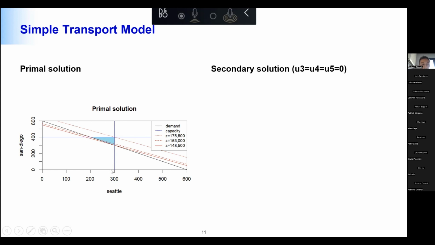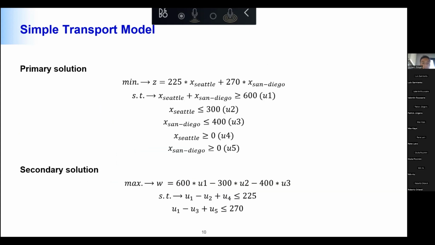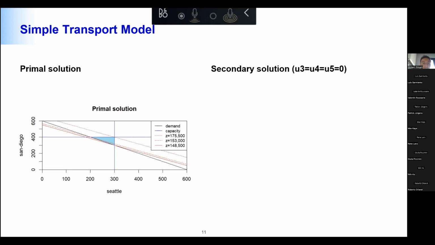From Seattle, we have a constraint of 300 canisters maximum. And from San Diego, we have a constraint of 400 canisters maximum. And when we also apply the greater than and less than signs, we have an area where we can find our solution space.